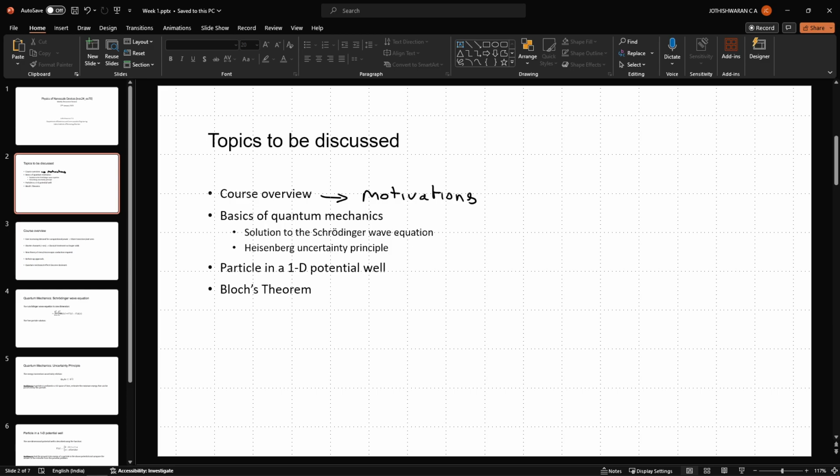They will be explicitly solved in this session. And we shall also be looking at the Heisenberg uncertainty principle. Though this will not be applicable directly in week 1, an important application of this will show up in the subsequent weeks. Then, using everything that we have covered here, we shall look at the particle in a 1D potential well. Again, we'll solve and get the explicit expressions that are required for this problem, and we shall conclude today's discussion with Bloch's theorem.